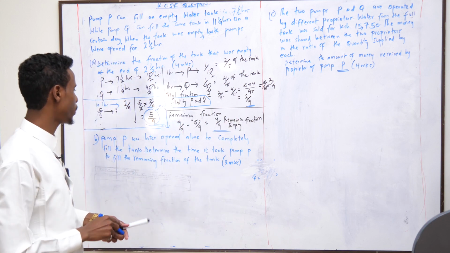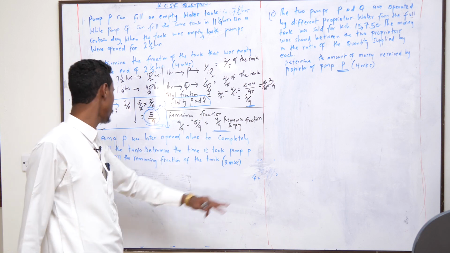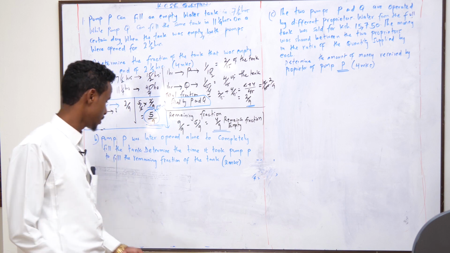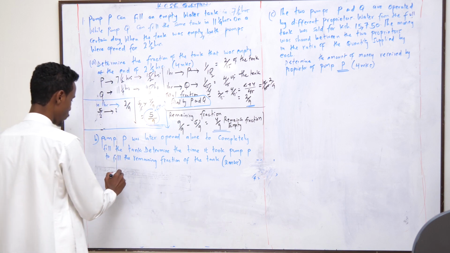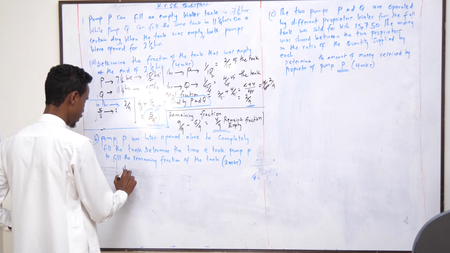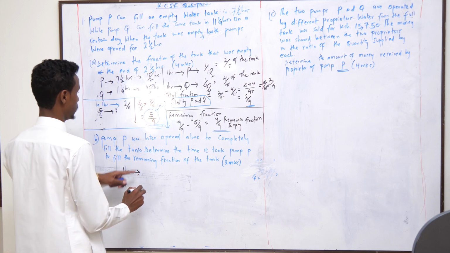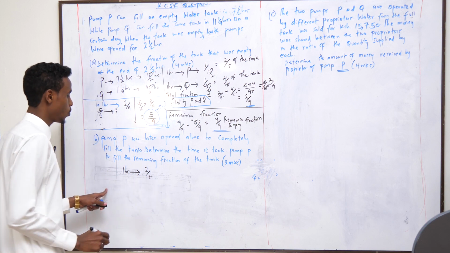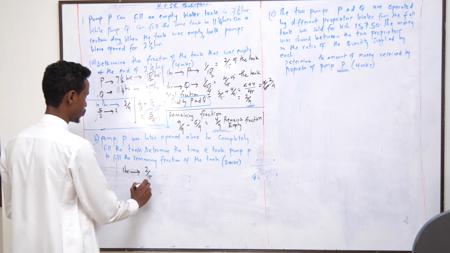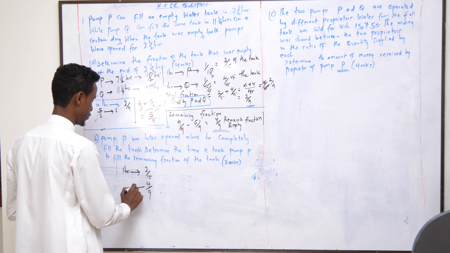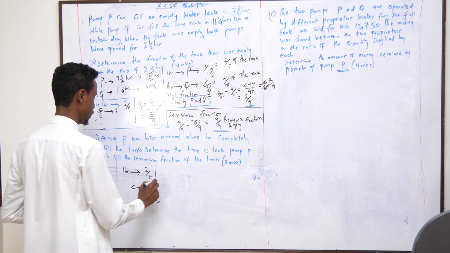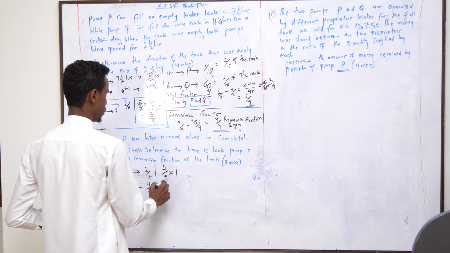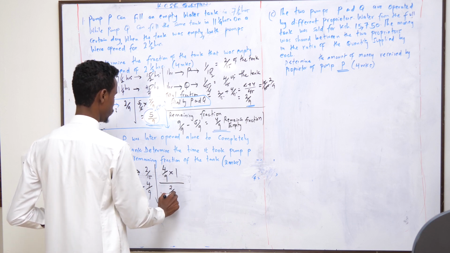Now pump P was later opened alone to completely fill the tank. Determine the time it took pump P to fill the remaining fraction of the tank. In 1 hour, pump P will fill 2 out of 15, right? Now, what's the remaining fraction? What about 4 out of 9? 4 out of 9, cross multiply. Now it will be 4 out of 9 times 1 divided by 2 out of 15.